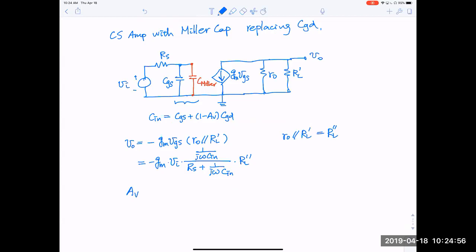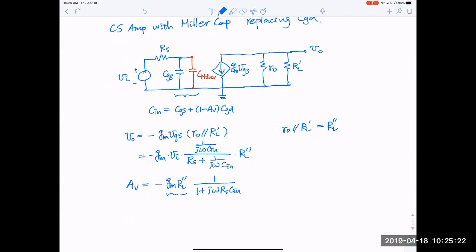Your AV is equal to, basically, the low frequency term, minus GM RL double prime. This is the DC value that we obtained earlier. But then there is a frequency dependent term now: 1 over 1 plus J omega RS C in. This is the frequency response. So this term gives you the high frequency response.